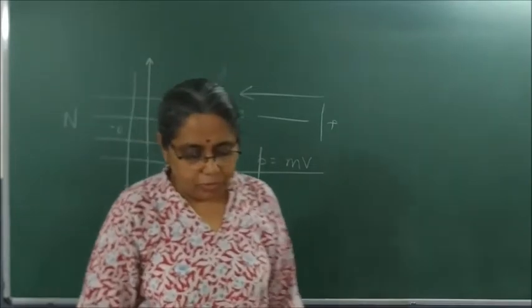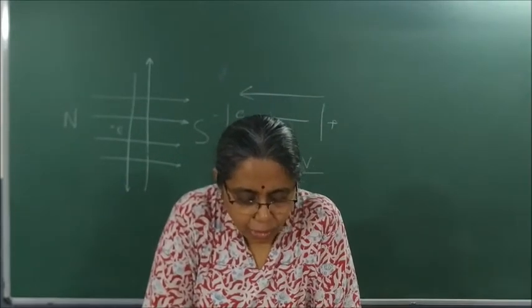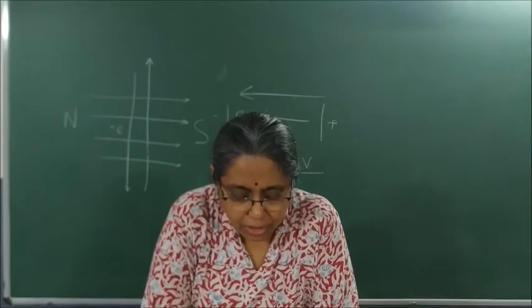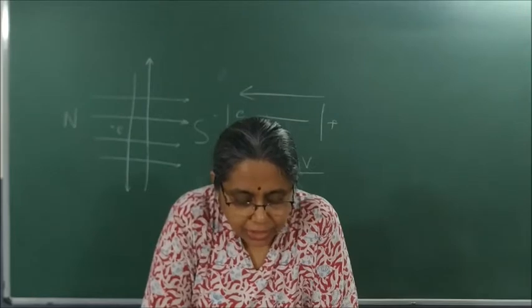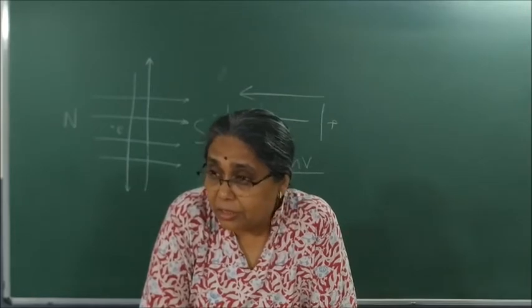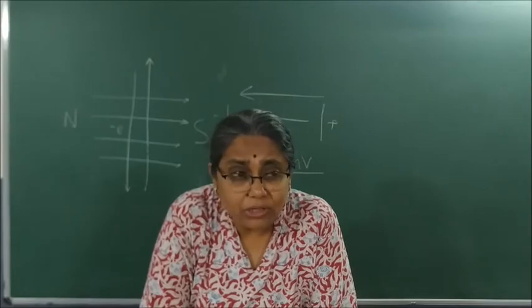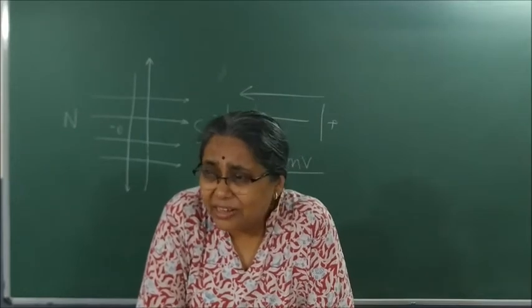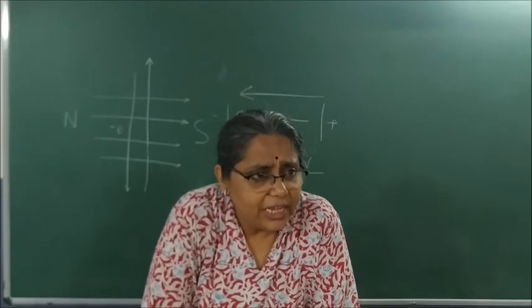Now the second question. In activity 13.7, how do we think the displacement of rod AB will be affected if the current in the rod AB is increased? F is equal to BIL. If current increases, force increases. So displacement increases.